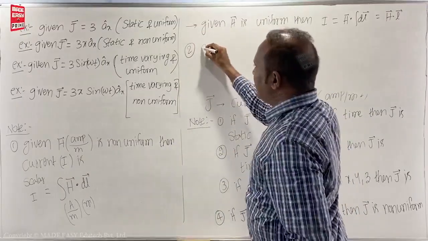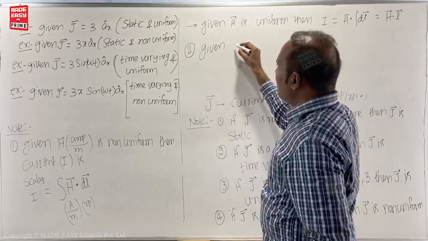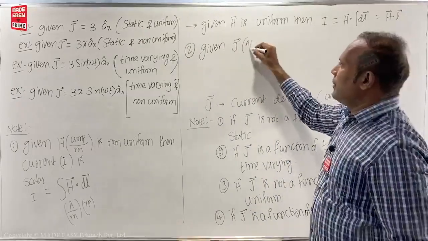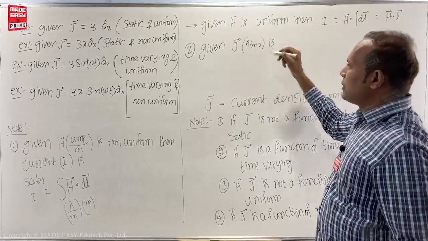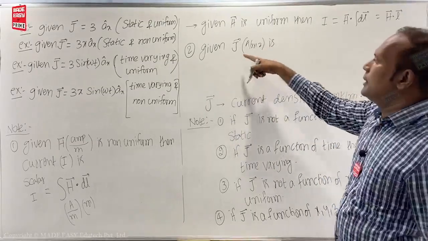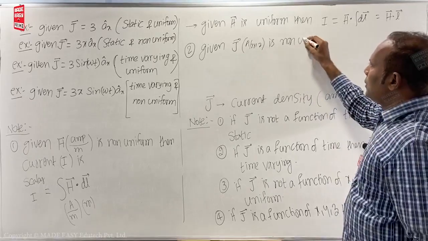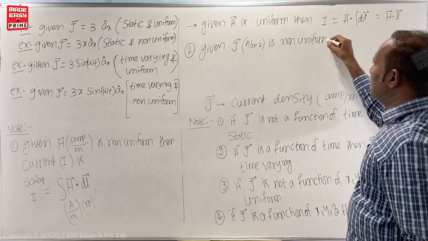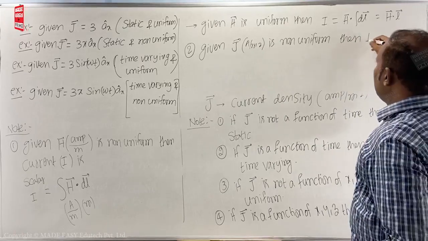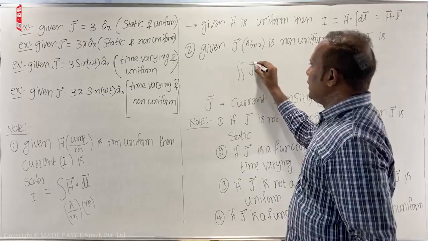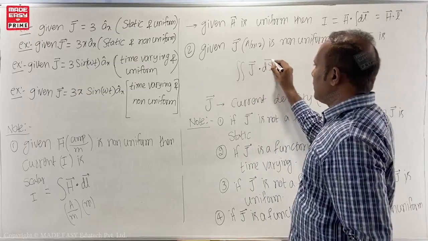Second example I will take. Given current density J bar, this one, unit is ampere per meter square, where it is given in the exam question, is non-uniform, then current is, you take double integral J bar dot ds bar.